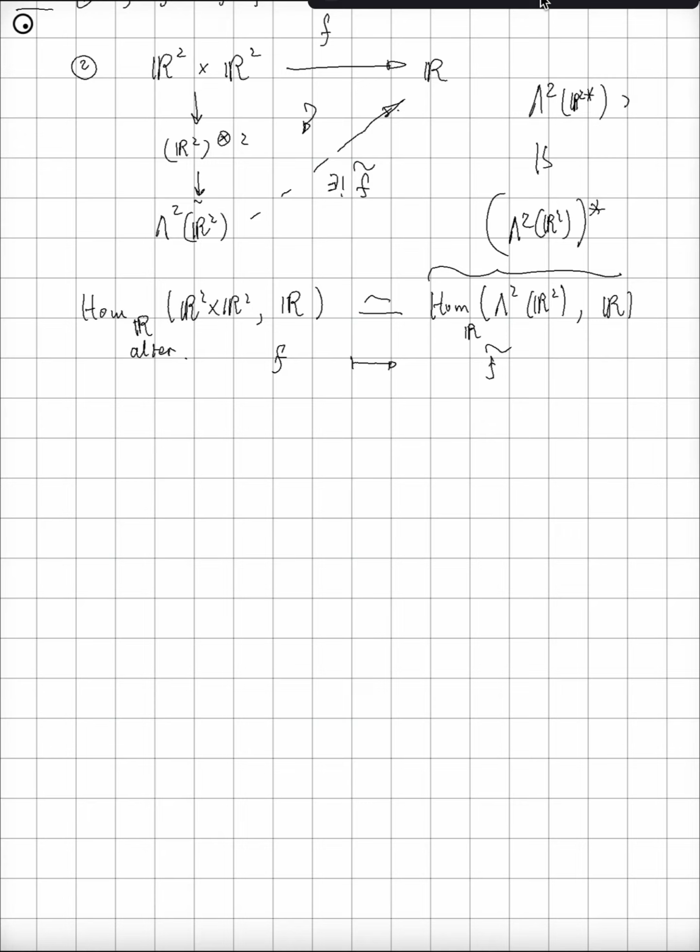And this has a basis E1 star wedge E2 star. So basically, one would say that indeed this bilinear map, which maps V1, V2 to its determinant, actually corresponds to here, which maps V1 wedge V2 to the determinant, really corresponds to this one, and there's an isomorphism.